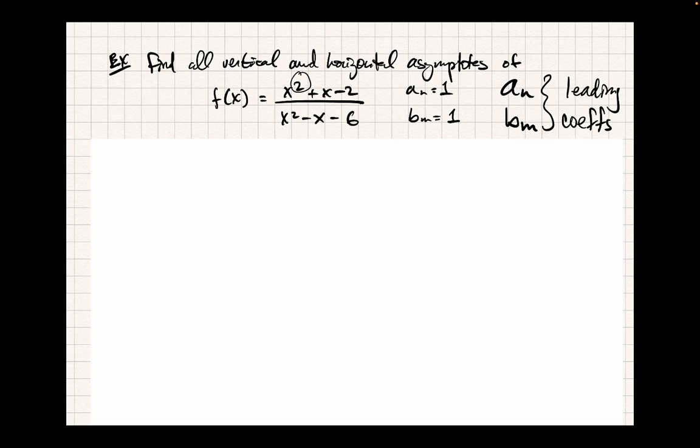What's the degree of the denominator? 2. They're equal. So what does that give us for a horizontal asymptote? Give me the equation. y equals 1. Is it horizontal or vertical? Horizontal. So does it need an x or a y? y. So y equals 1 over 1. It's 1.